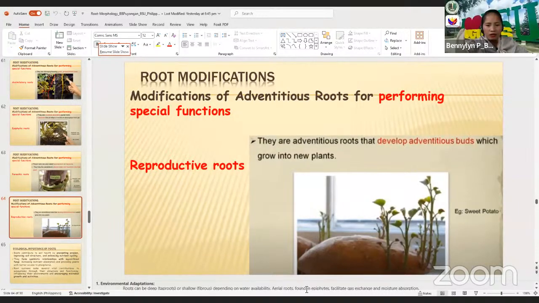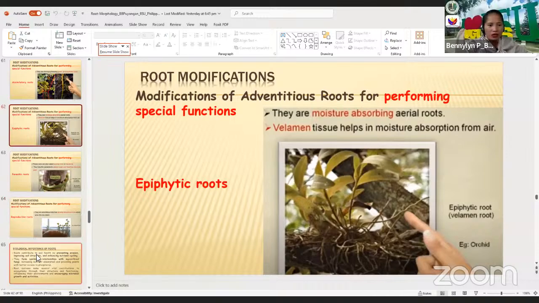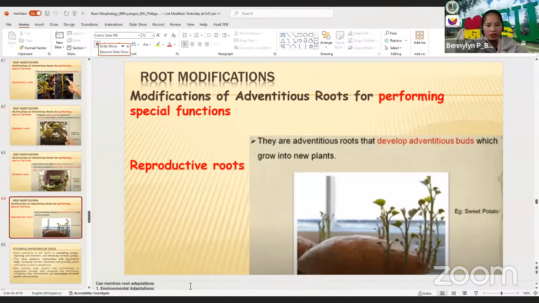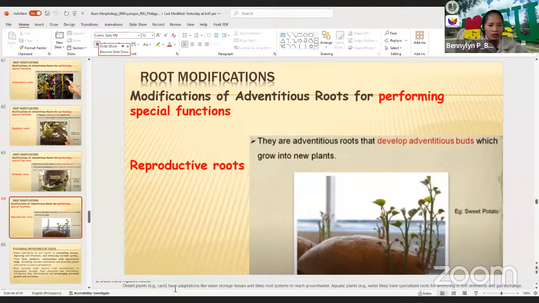Aerial roots found in epiphytes, like this one, are responsible for exchange of gas and, of course, moisture absorption. That is under the environmental adaptations. For desert and aquatic roots, there are desert plants like the cacti, which have adaptations like water storage tissues and a deep root system to reach groundwater.